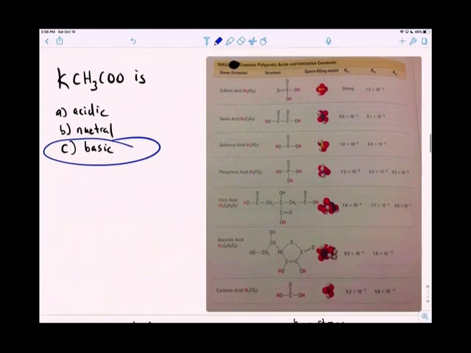All right, the next thing I'll talk about is polyprotic acids. Polyprotic means many, so two or more protons. You can see sulfuric acid, I mentioned, the first proton is strong, the second one is 0.012.